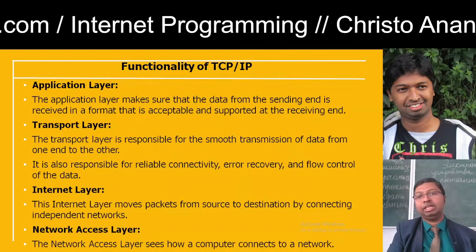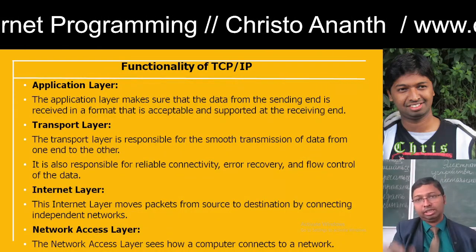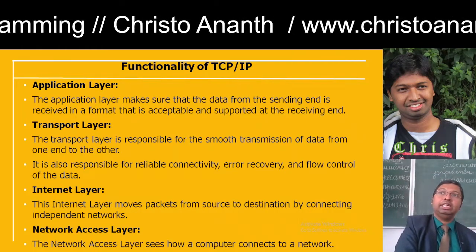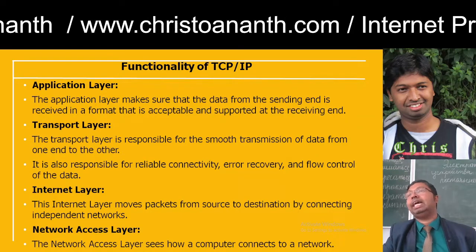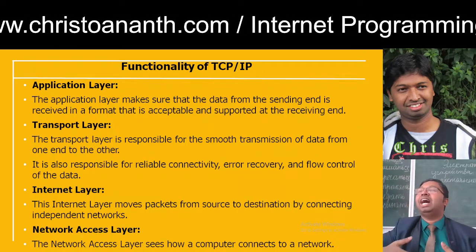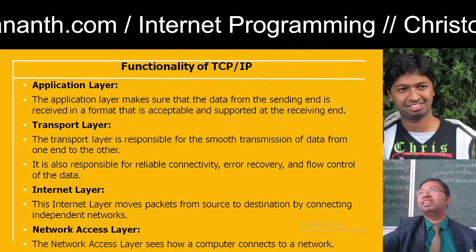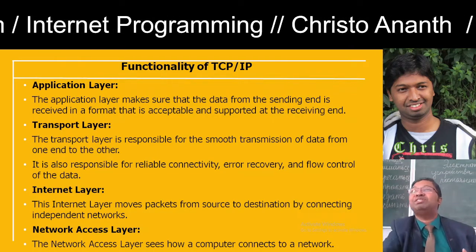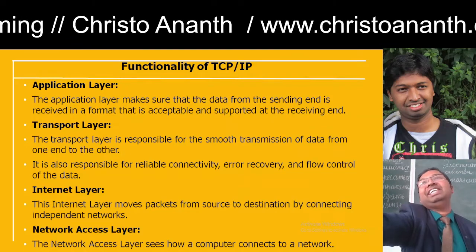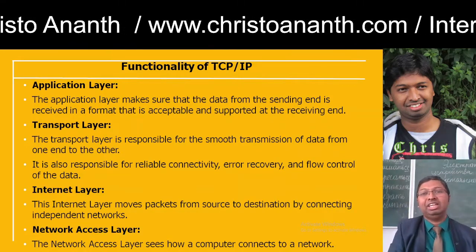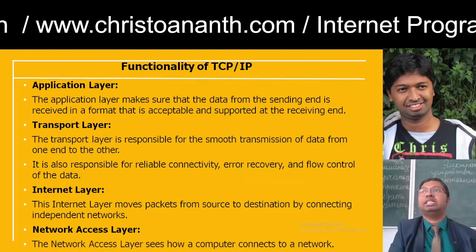The application layer makes sure that the data from the sending end is received at the other end correctly in an acceptable format. For example, if I am sending an MS Word file, you should not receive an image file. Whatever I send should be correctly received and be supported at the receiving end.